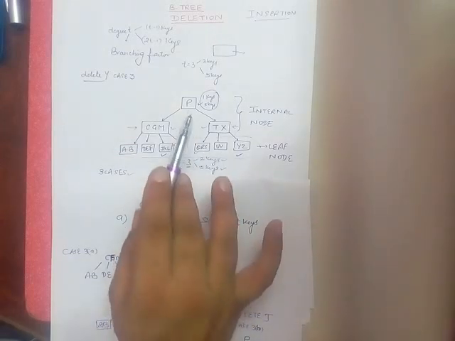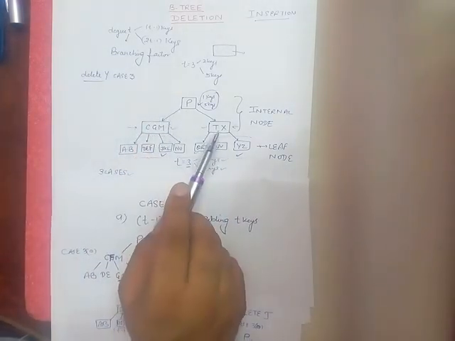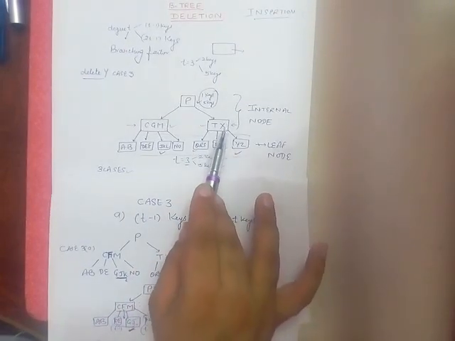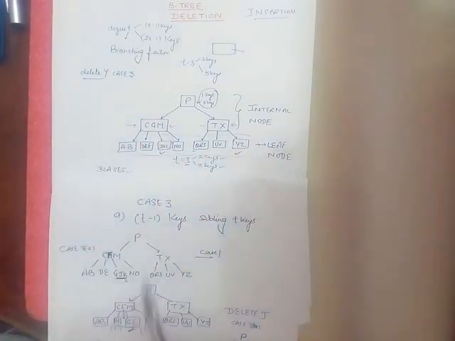Here we see that when we are deleting Y and we move here, the problem exists and the node has the minimum number of keys. Then we have to solve this problem with the help of case 3 first, then we can proceed further.